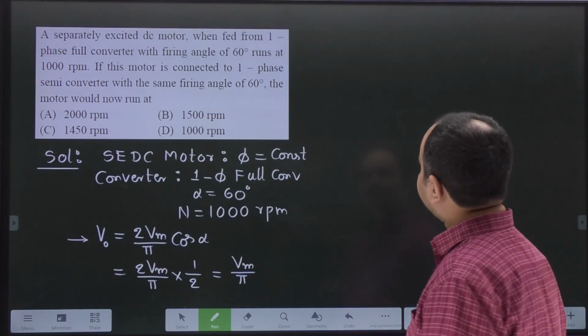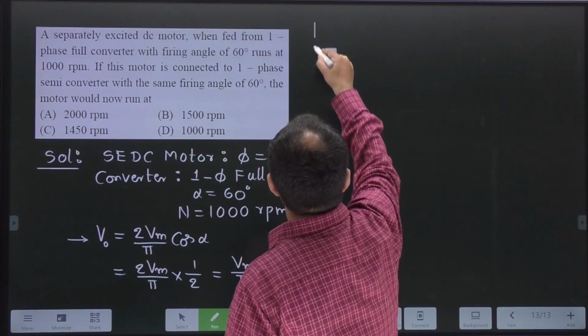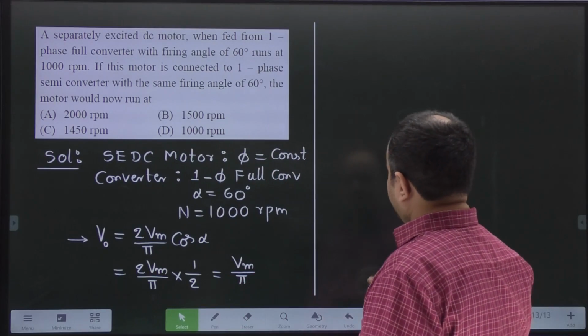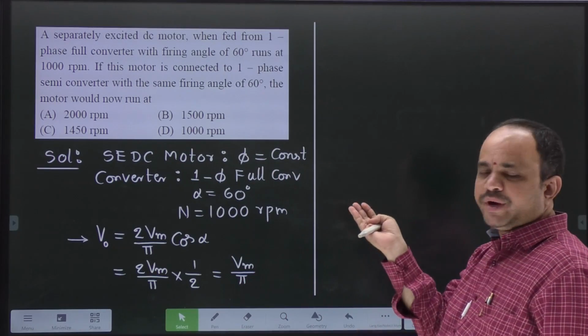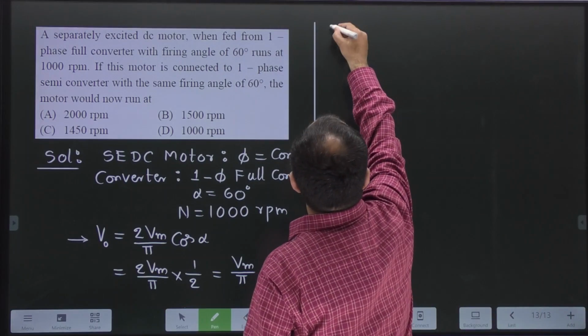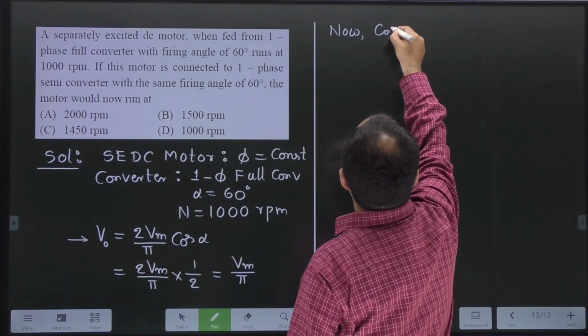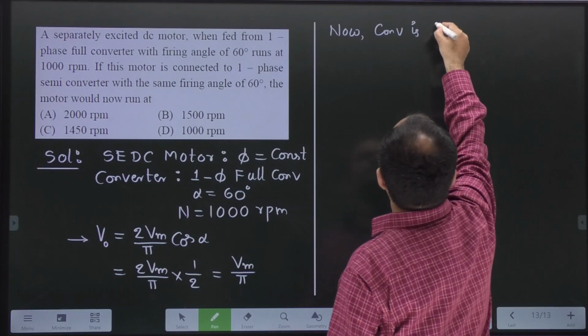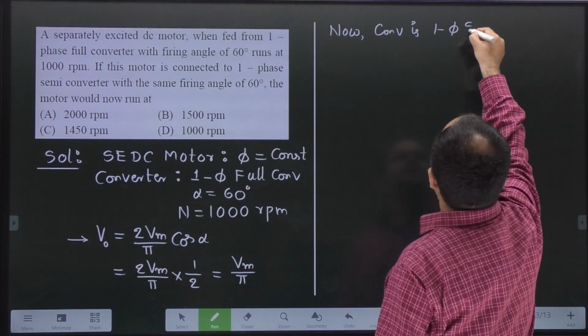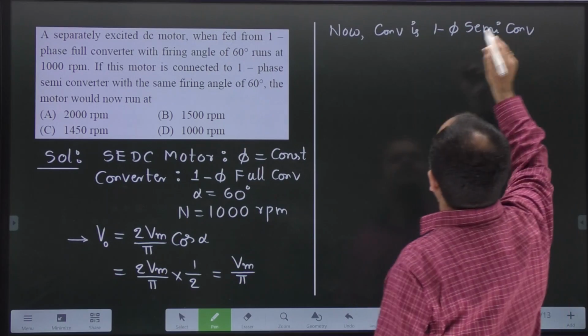Okay, let me move forward. Now, the converter is operating with a single phase semi-converter.